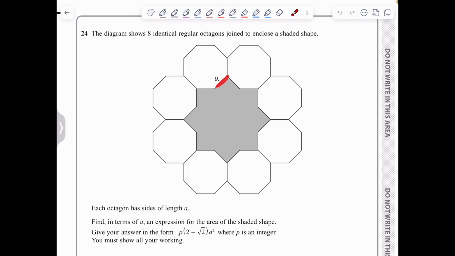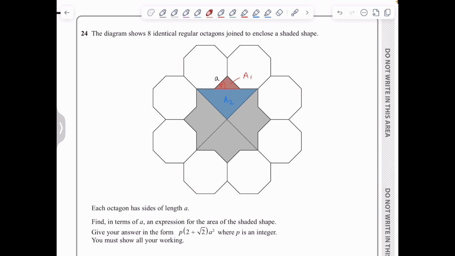I will draw 2 diagonals, and we can split this shape here into 2 triangles. So we've got the small triangle here in red and the big triangle in blue. I'm going to call the area of the red triangle A1 and the area of the blue triangle A2, and I will start by finding the angle theta shown here, which is an exterior angle of the octagon.